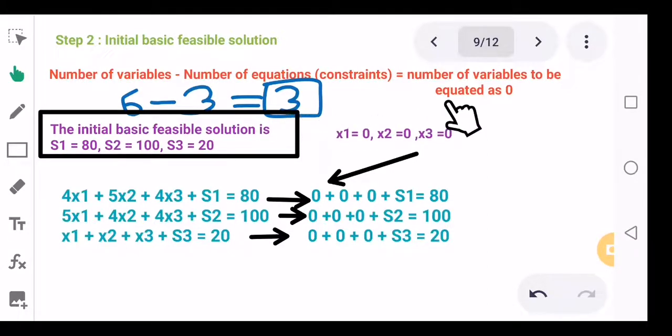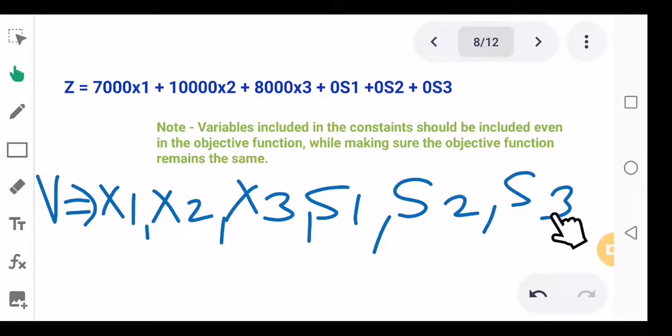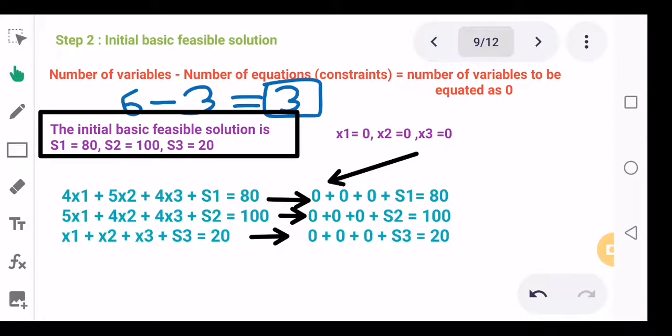So any 3 variables have to be assumed as 0. Totally we have 6 variables. Out of this, any 3 we can assume as 0. So I assumed x1, x2 and x3 to be 0. That's why these have been taken as 0. When I took these as 0, I got these values. And this is my feasible solution, and this is what we need to find in step 2.